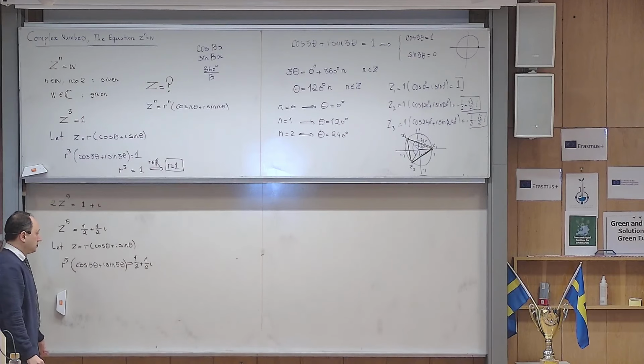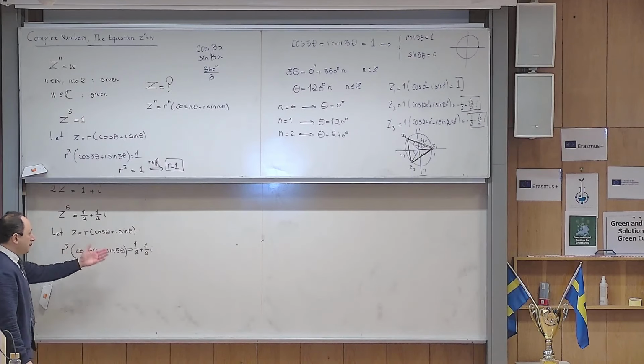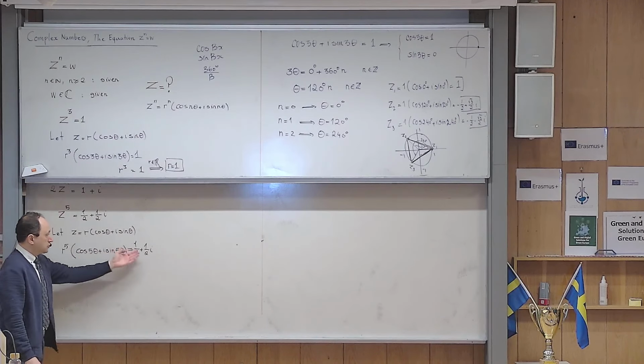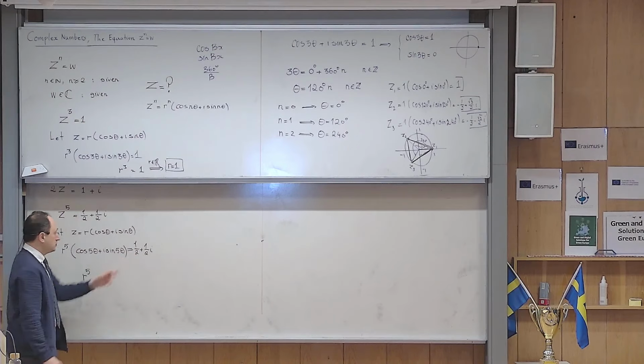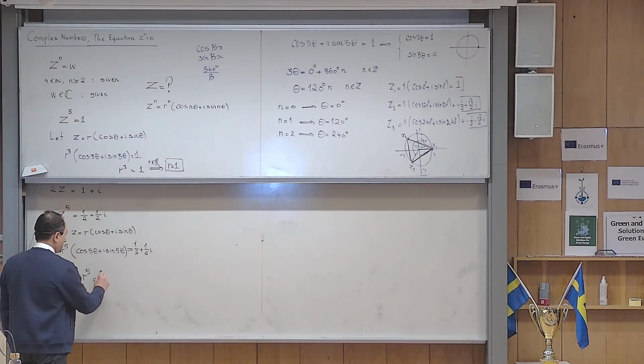Okay, do you remember? I have to compare absolute values. This number is supposed to be equal to that number, therefore the absolute value is equal to the absolute value there. But if I ask you what can I write for the absolute value of the left-hand side, it is just simply r to the power 5. And the absolute value of this I have to calculate.